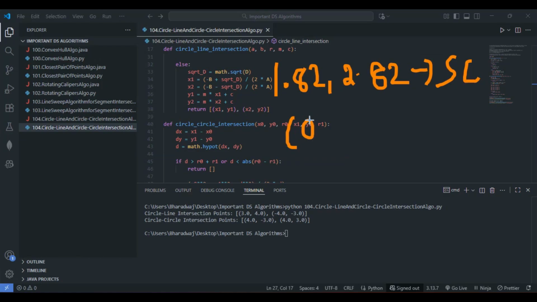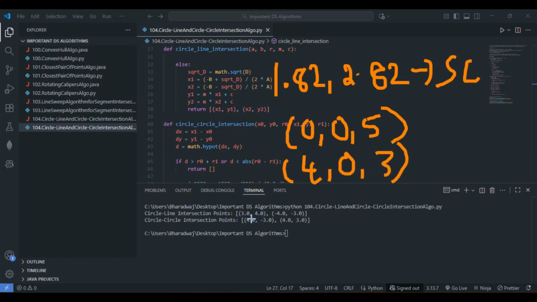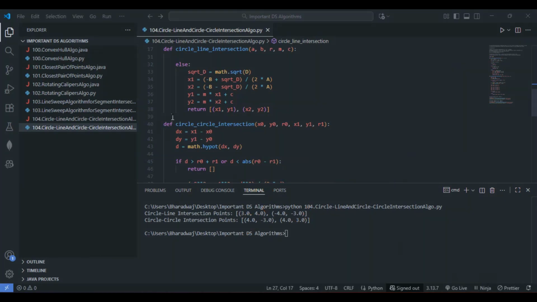We have considered the circles (0, 0) with radius 5 and (4, 0) with radius 3. So for this one we have to get the output (4, 3) and (4, -3). So this is the correct output, whatever we are getting. I got confused, sorry, and took the smaller circle one. So we are getting the desired output.